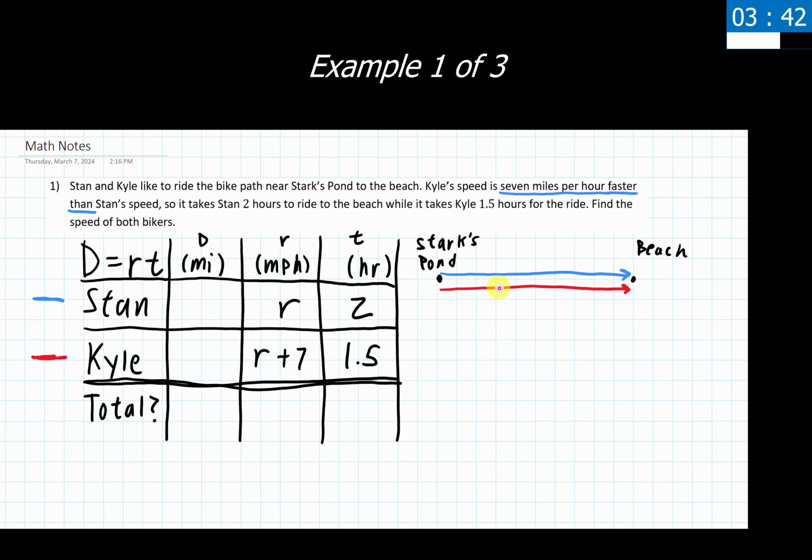However, what I do know is that the distance that Stan traveled is the exact same distance that Kyle traveled. So while I don't know what the exact distance is for either of them, I do know that the distance is the exact same. So I can just list the distance for Stan as D and the distance for Kyle also as D, because these are the exact same things.